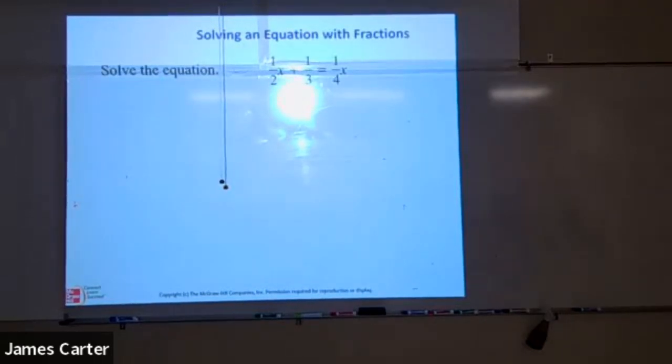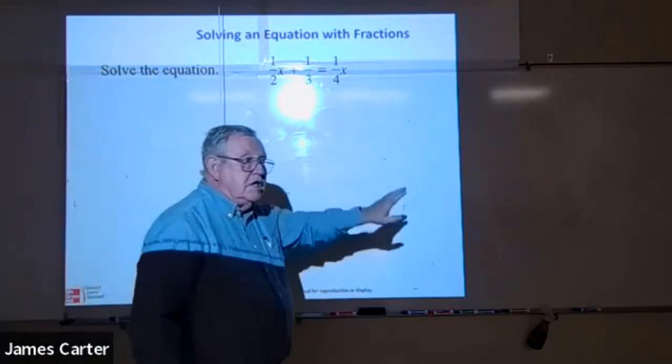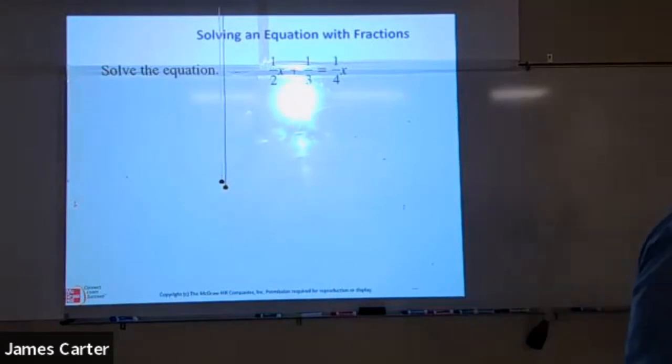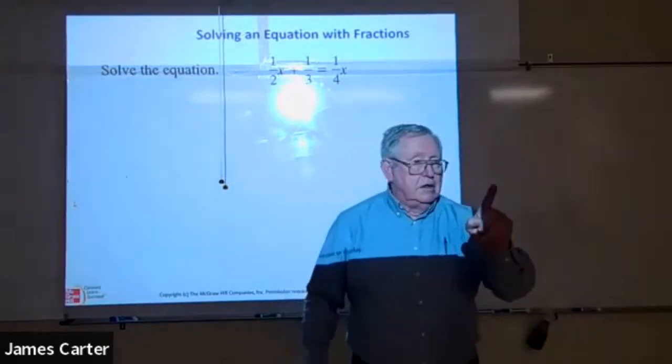What about an equation like this? Now, believe it or not, I have prepped you for this one already. Let's think back to the others. What were my steps? Find a common denominator. Okay. First step, find a common denominator.